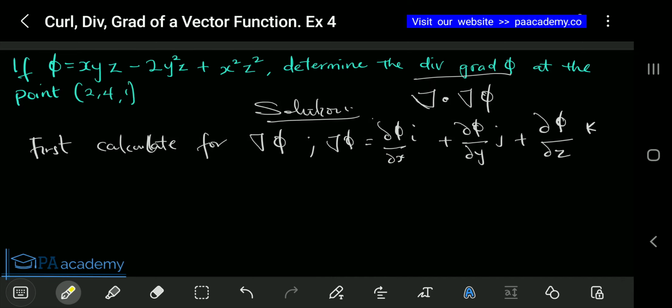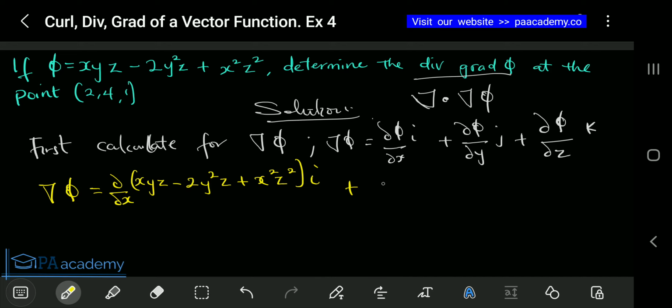Now let's put in the values. Our grad phi is equal to the partial derivative with respect to x of the function xyz minus 2y squared z plus x squared z squared, close the brackets, don't forget your i, plus the partial derivative with respect to y of the function xyz minus 2y squared z plus x squared z squared, and this is for j.